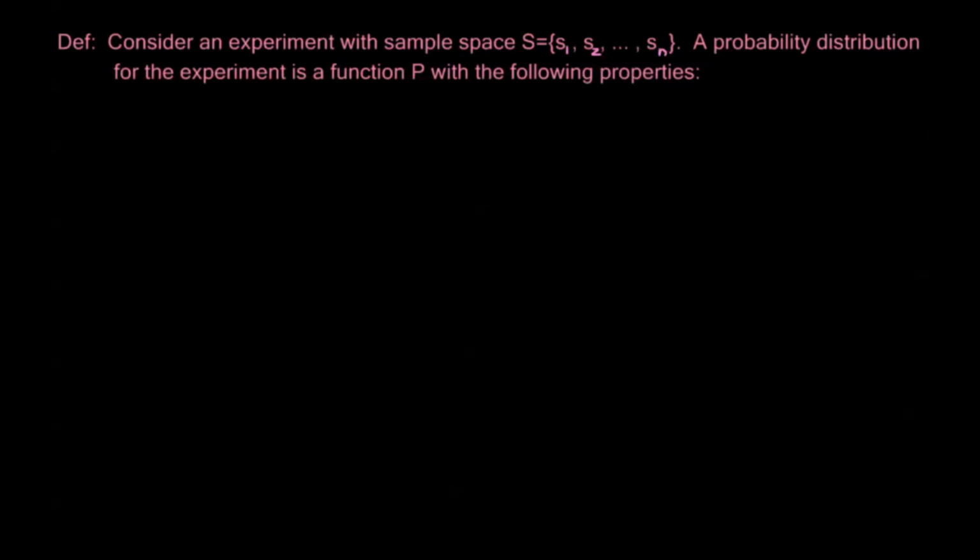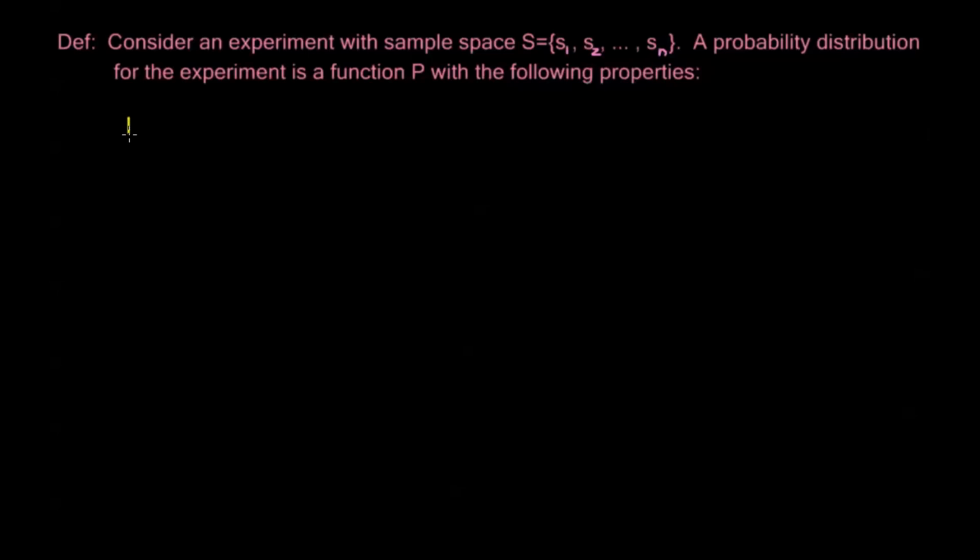And just one more definition I want to go over before we move on to the next video, which is non-uniform probability. So let's consider an experiment with sample space S equals S1, S2, all the way to Sn, so the sample space has a size n. Then a probability distribution for the experiment is a function p with the following properties.